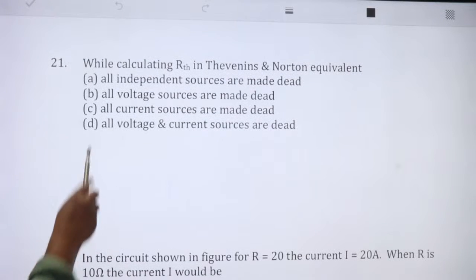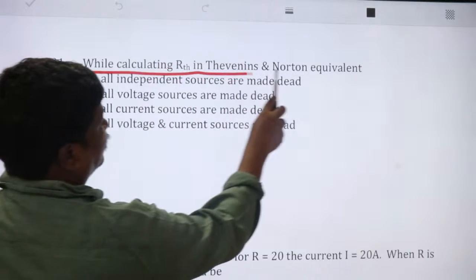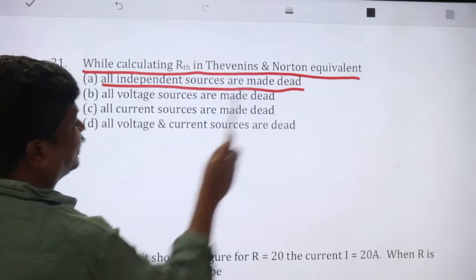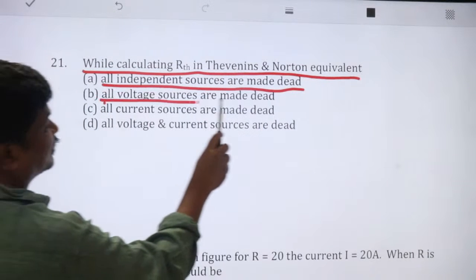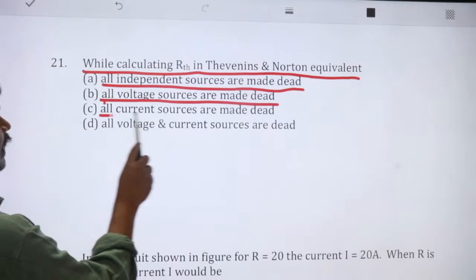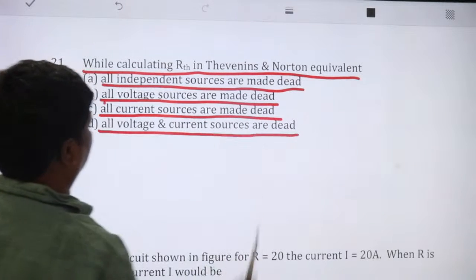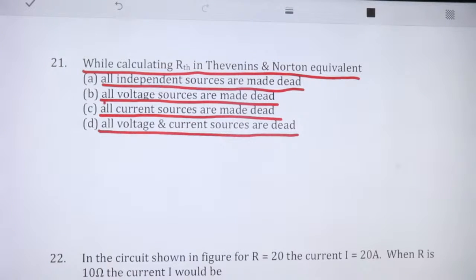While calculating R Thevenin, in Thevenin's or Norton's equivalent, all independent sources are made dead. All voltage sources are made dead, all current sources are made dead.